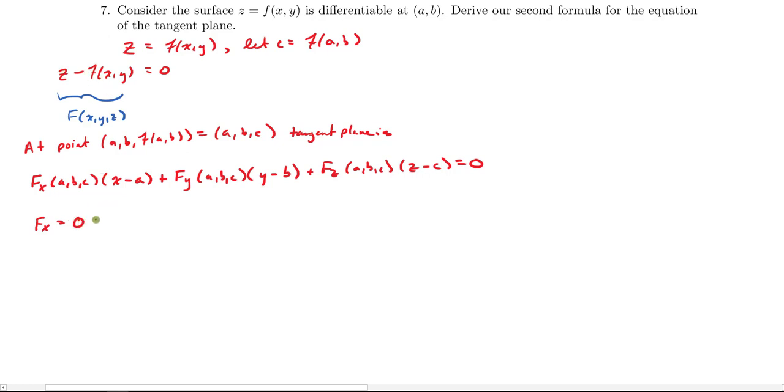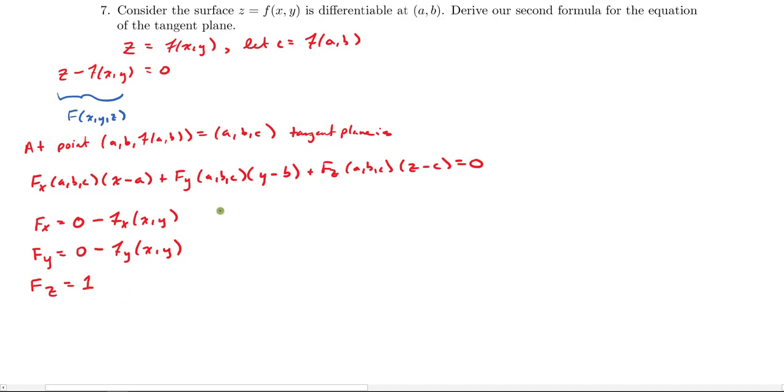And then I would have minus, because the negative sign factors out, the partial derivative of this with respect to x, f sub x of (x, y). Likewise, if I were to compute F sub y, I would get 0 minus f sub y of (x, y). And then if I compute F sub z, this is, to me, why this suddenly appears to work: when we take the partial derivative of this expression with respect to the independent variable z, the entire second term has derivative 0, and we just get 1.